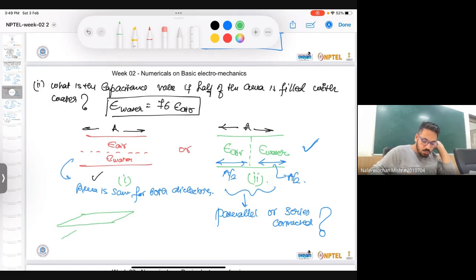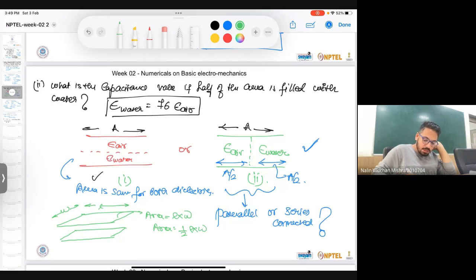These are the two parallel plates, and if we assume the length of the capacitor is L and W is the width, then the area would be L times W. If half of the area is filled, then the area must be half length times width.